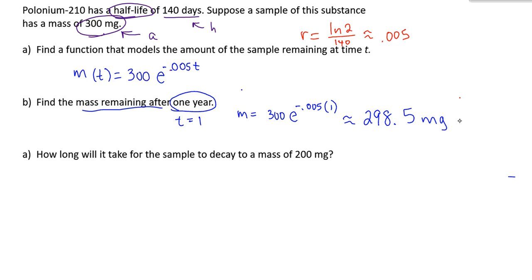Next question says, how long, that's a t, will it take for the sample to decay to a mass of 200 milligrams? So this is our M. Same A, same R, but now we're given the M, and we're going to have to solve for t.